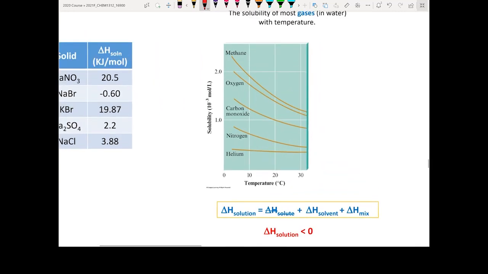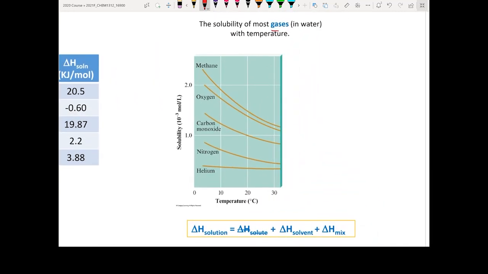However, if what you have is a gas solute, then if you increase the temperature, the solubility is going to decrease. And I guess you see these things all the time, right? If you have a Coke at room temperature, you can enjoy the fizzy feeling very well.